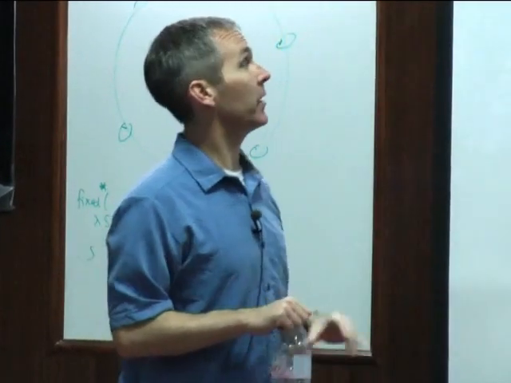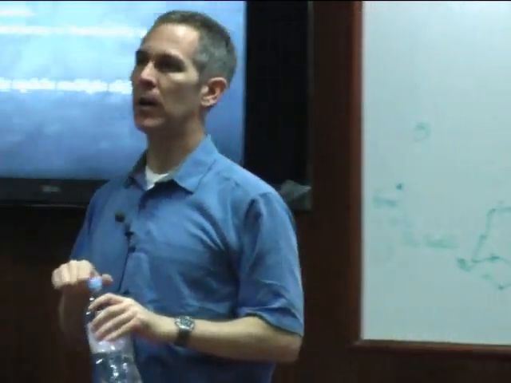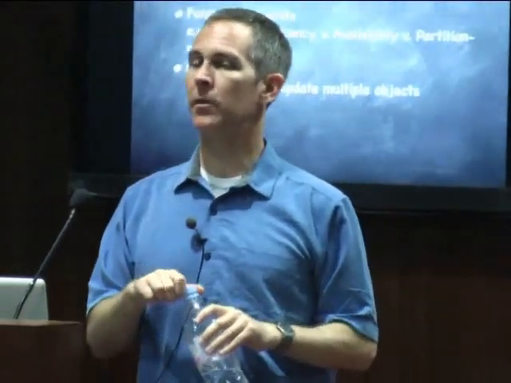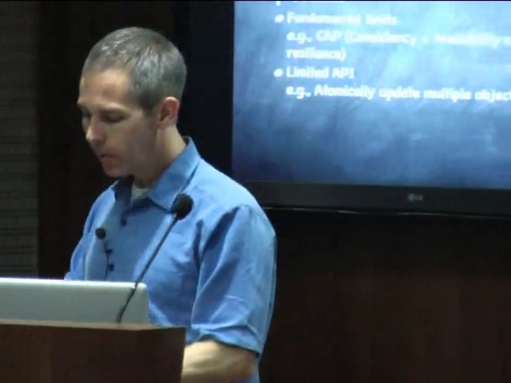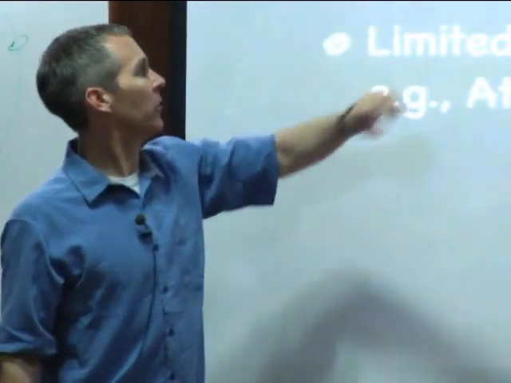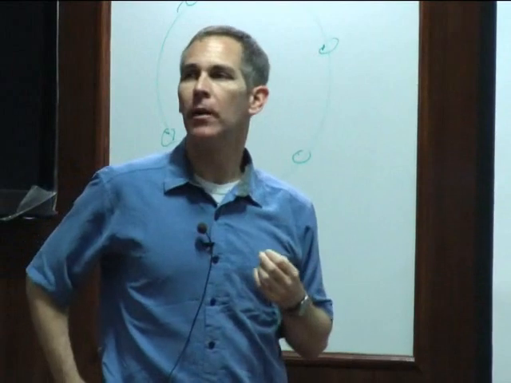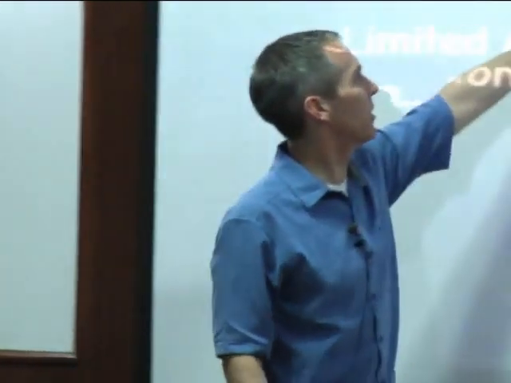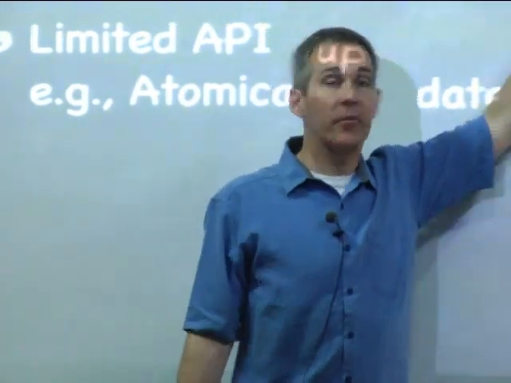The first is that there are fundamental limitations that we have to deal with in our distributed system. One of them that I'll talk about is CAP, consistency versus availability versus partition resilience. There's a trade-off here. If I want this strong consistency property, I'm going to have to give up something in these other properties that I very much want.